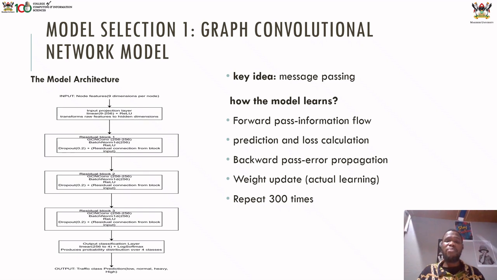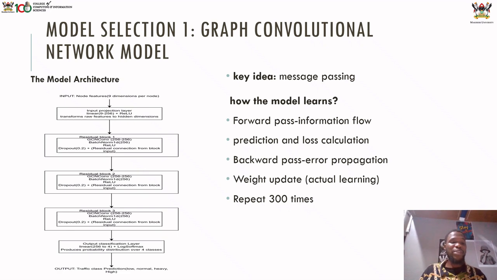So this means that we don't overlook certain features because they have smaller values. Some features are not important, but they have bigger values. You get the point. So the model might focus on features that are not important because of the magnitude of their values. So that's what batch normalization does here.